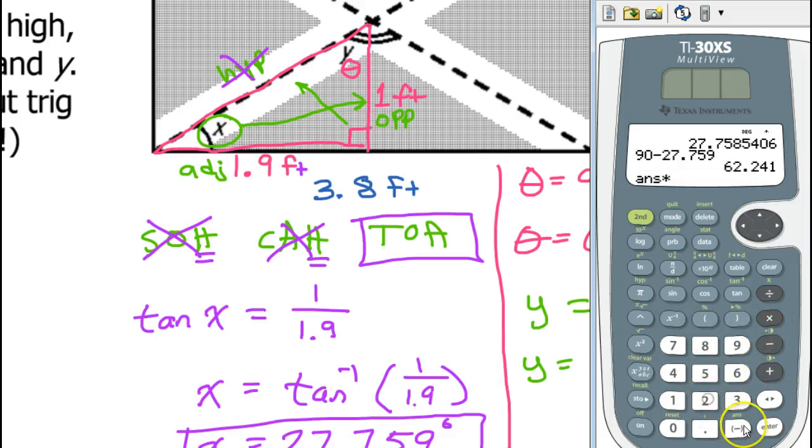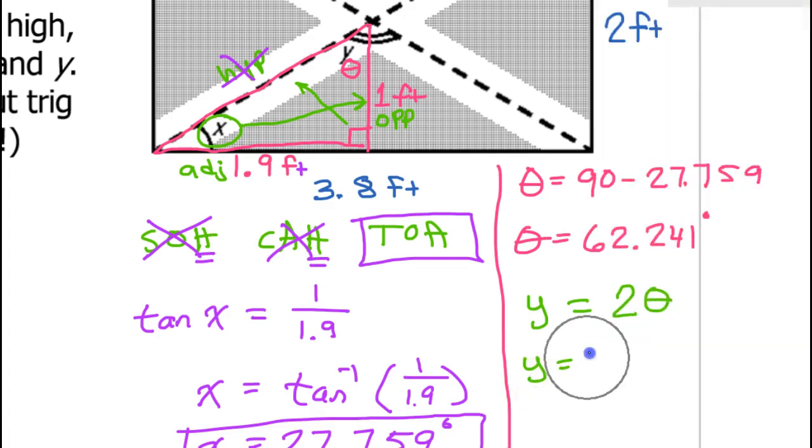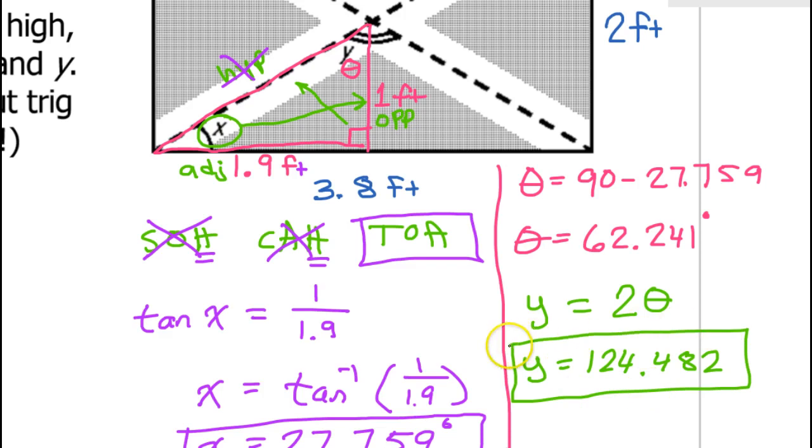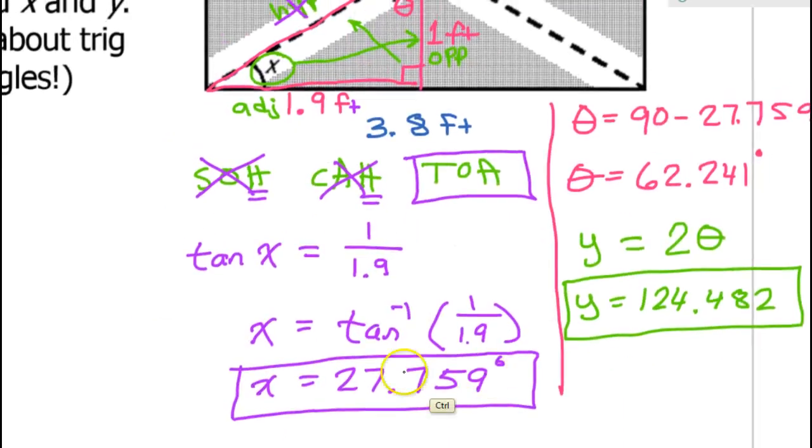So I'm just going to hit times 2. 124.482. And those are the two things that we were supposed to find. Angle x and angle y.